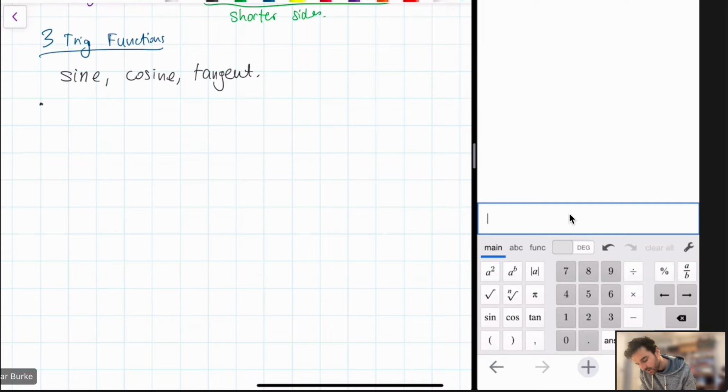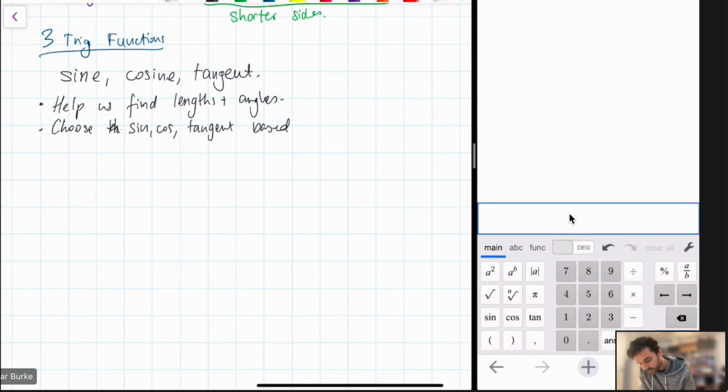Okay, so they help us find lengths and angles. Okay, and we choose either sine, cosine, or tangent based on what we know and want to find out.